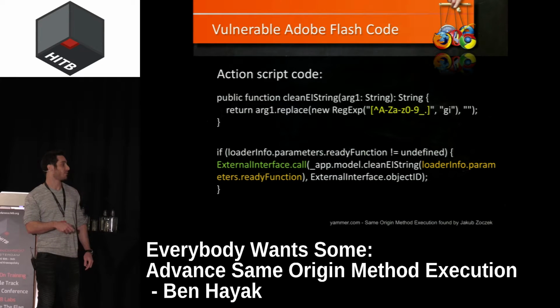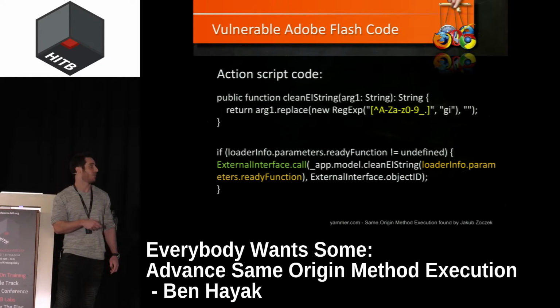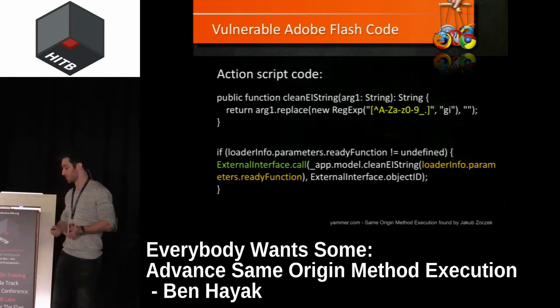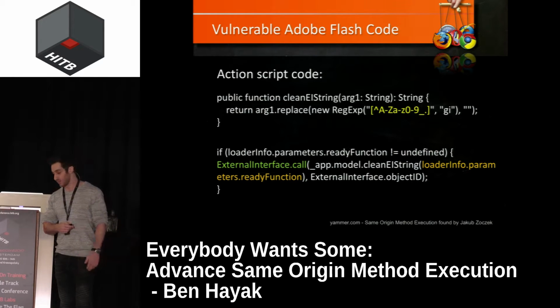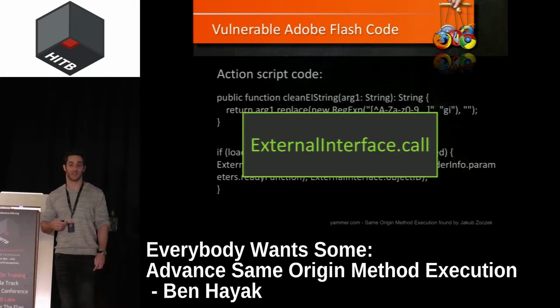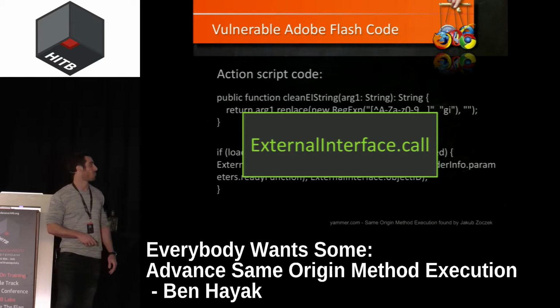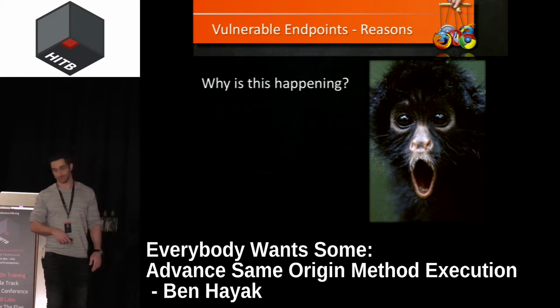The parameter, you see loaderInfo.parameters.readyFunction, is the GET parameter name, and this is execution. However, they try to clean the string, and they allow only alphanumeric characters, an underscore, and a dot, which is safe for cross-site scripting, but not safe for this attack. So if you see this in a Flash file, this is a vulnerability, and you no longer have to ditch the file and leave it. You can do something with it with the SOME attack. So this is another good place to find some.